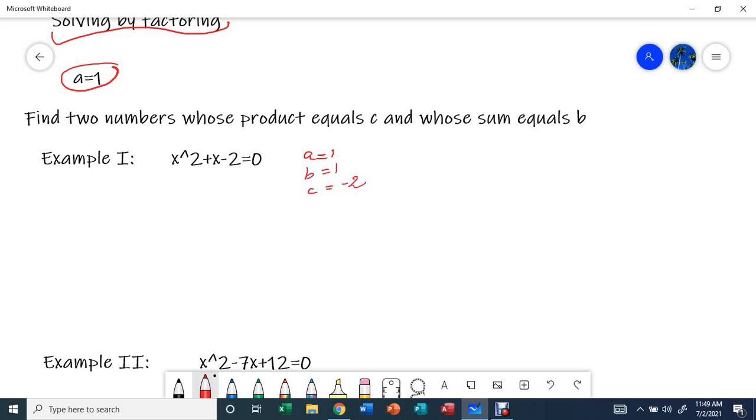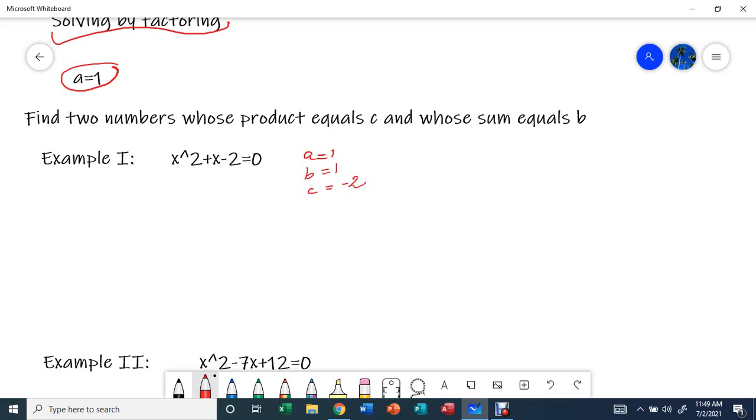So I need two numbers that when you multiply them by each other, you get negative 2, and when you add them together, you get positive 1.